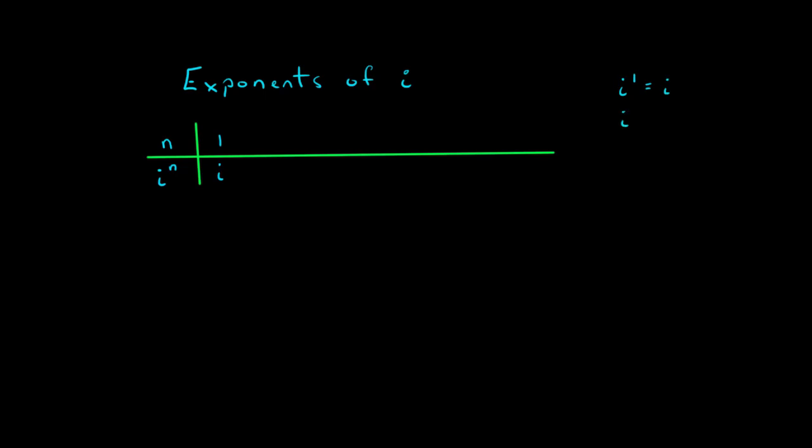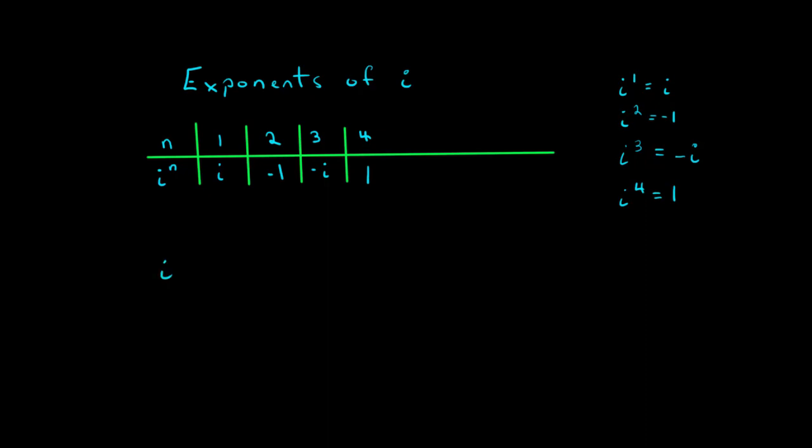And i squared we know equals negative 1, so I'm going to write that here in my chart. When n equals 2, i to the second power equals negative 1. And we already found that i cubed, i to the third power rather, equals negative i. So I'll put that here in the chart. n equals 3, i to the 3 equals negative i. And we know i to the fourth power equals 1. So let's chart that here. n equals 4, i to the 4 equals 1.